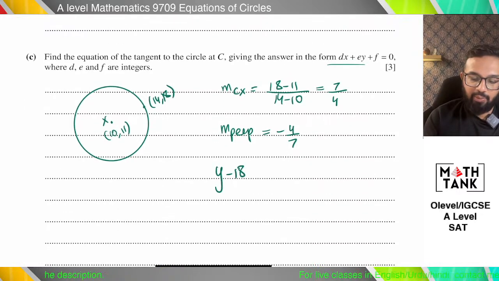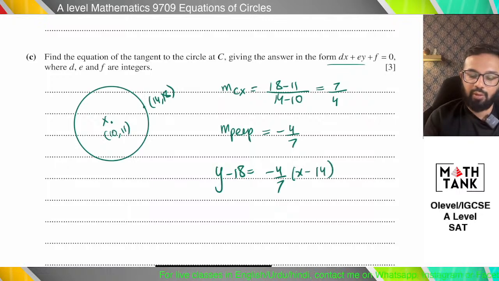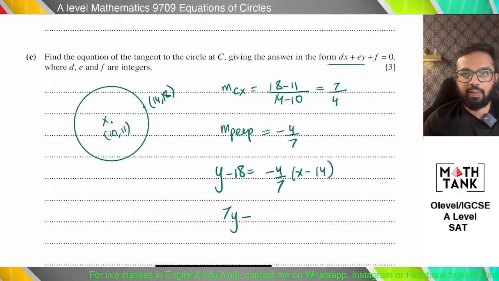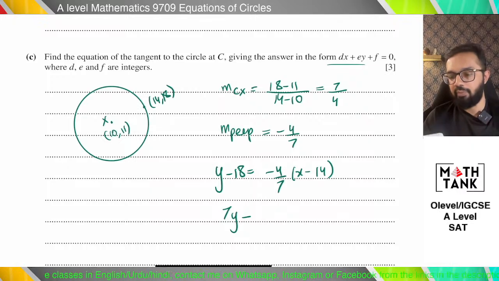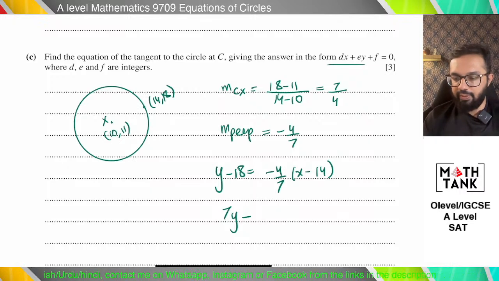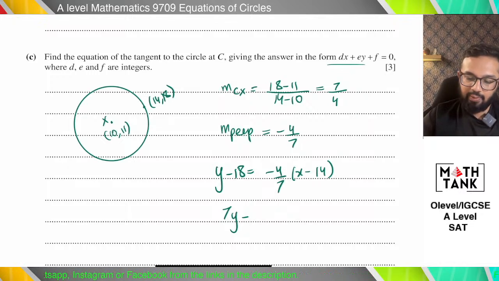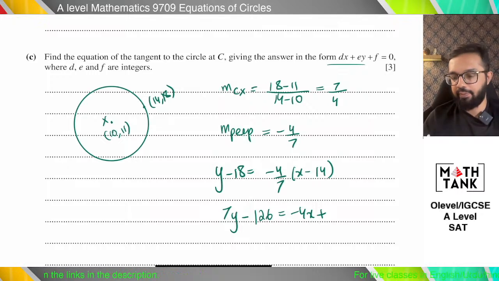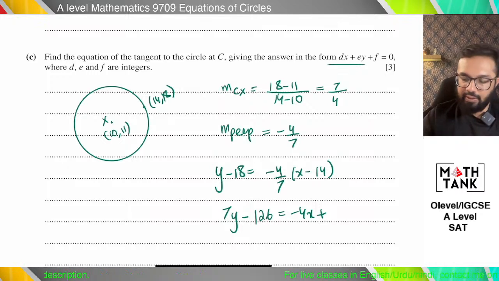y minus y1 equals m times x minus x1. 7y minus 18 into 7, 126, equals minus 4x plus 56.